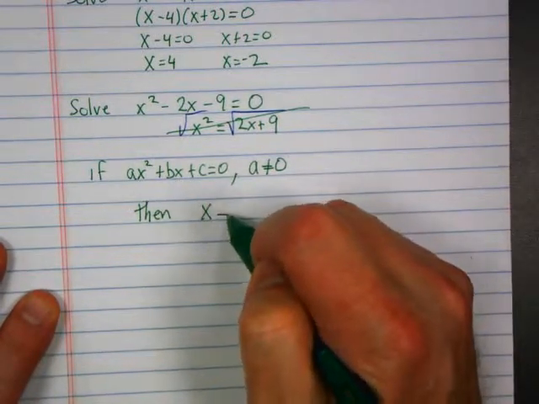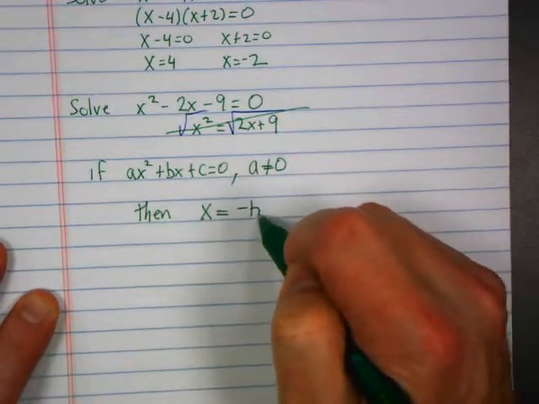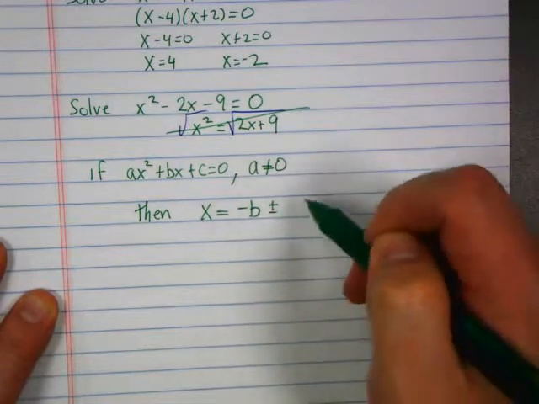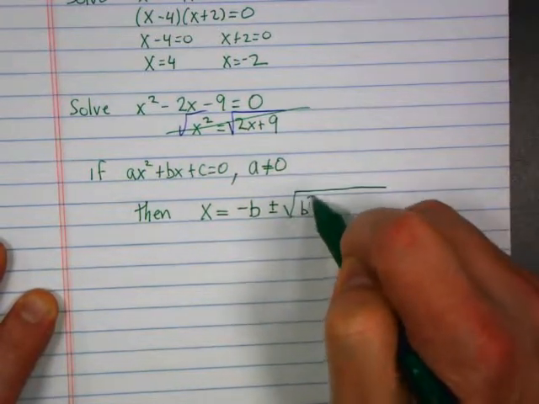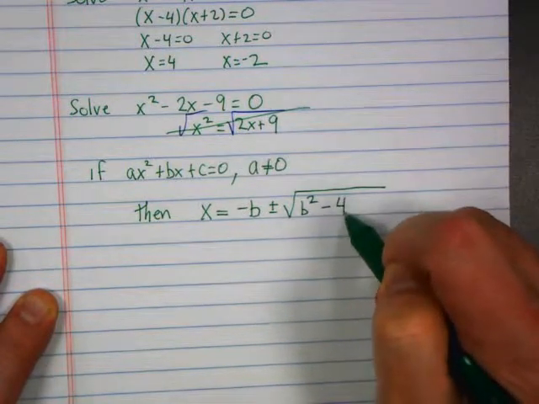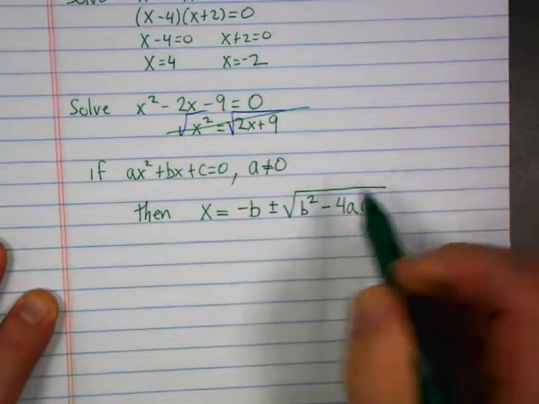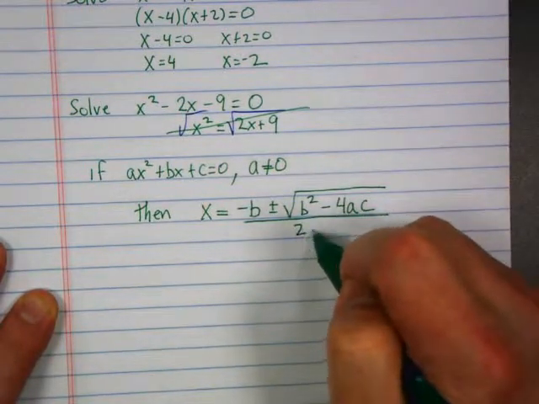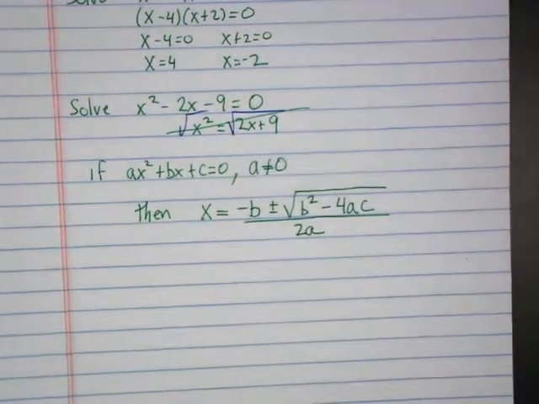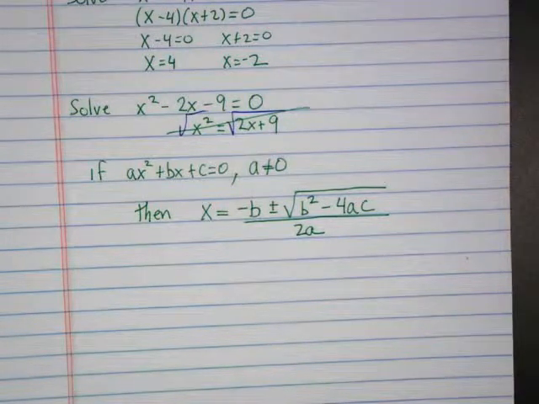x equals negative b plus or minus square root b squared minus 4 times a times c, all divided by 2a. Did you expect us to memorize this? Just out of curiosity.